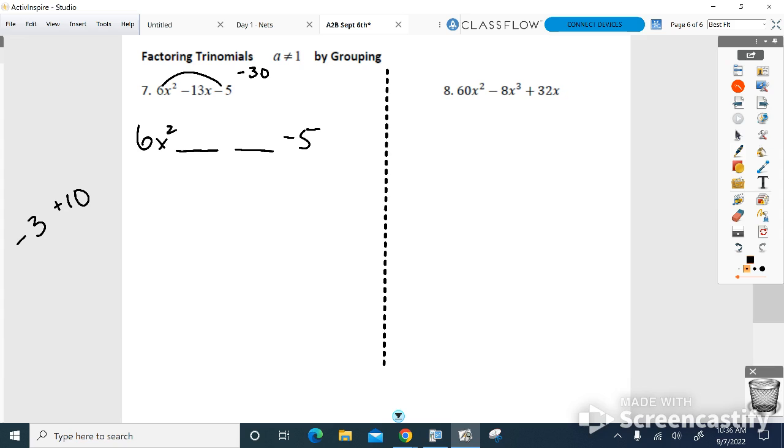There's another pair out there that gives you -30 and can give you -13. Dig deep. 5 and... Oh, you got me there. Can you make a 13 out of that? Okay, keep going. You got it.